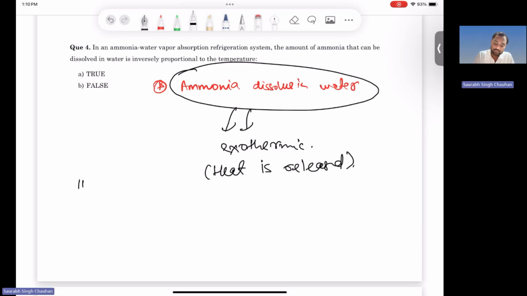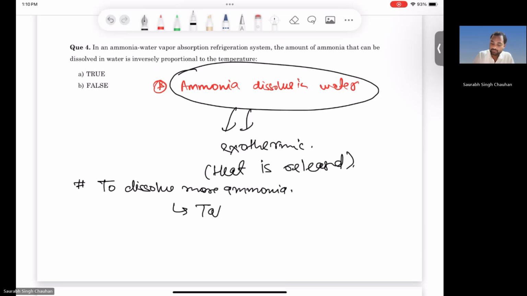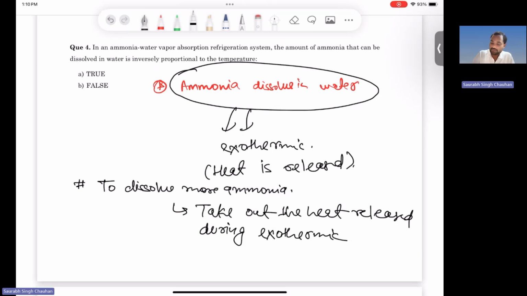So if you want to dissolve more ammonia, take out the heat released during the exothermic process of dissolving. Okay.